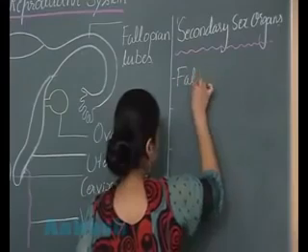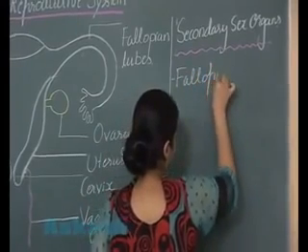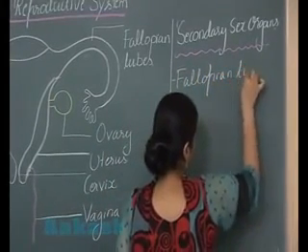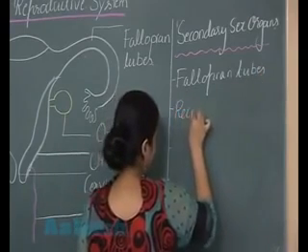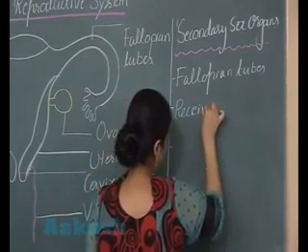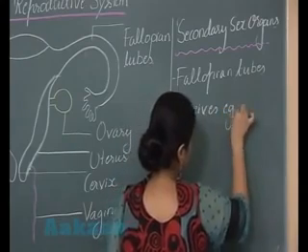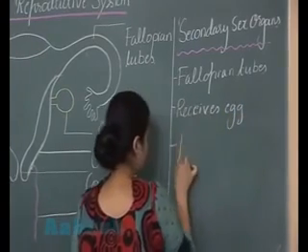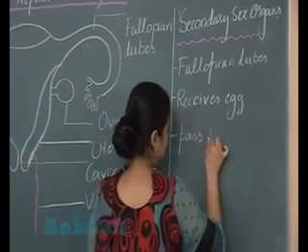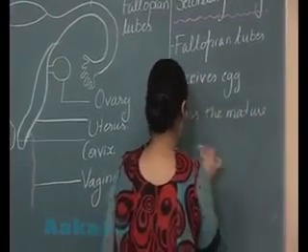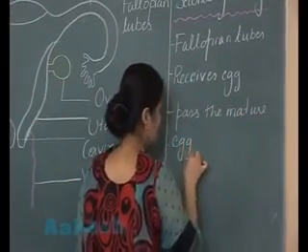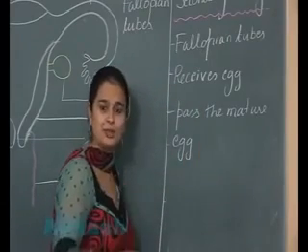Fallopian tubes receive the mature egg and pass the mature egg further into the fallopian tube.